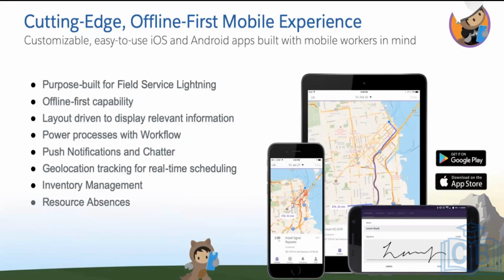Using the Lightning flow, we can create multiple screens, and those screens will be available in the Field Service mobile app. We can publish that flow into the mobile app. And one more thing: push notifications and Chatter options are there.